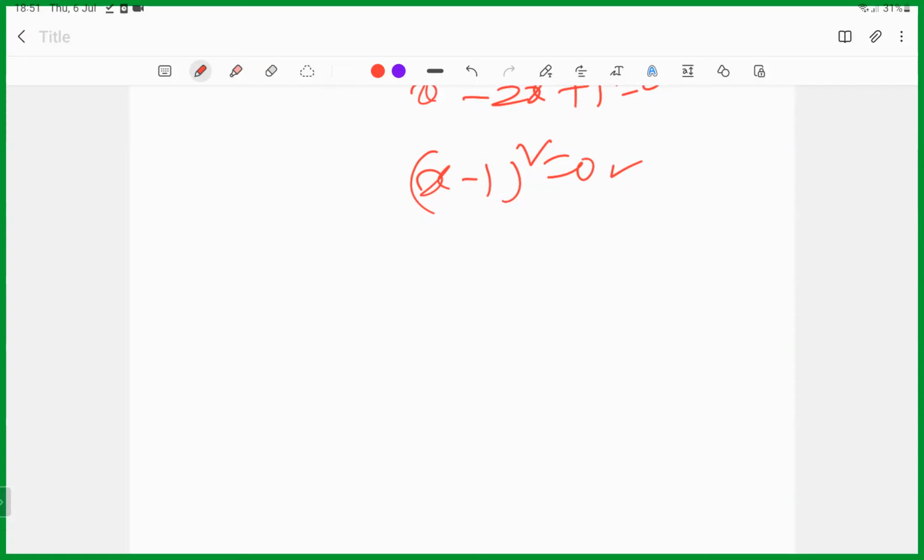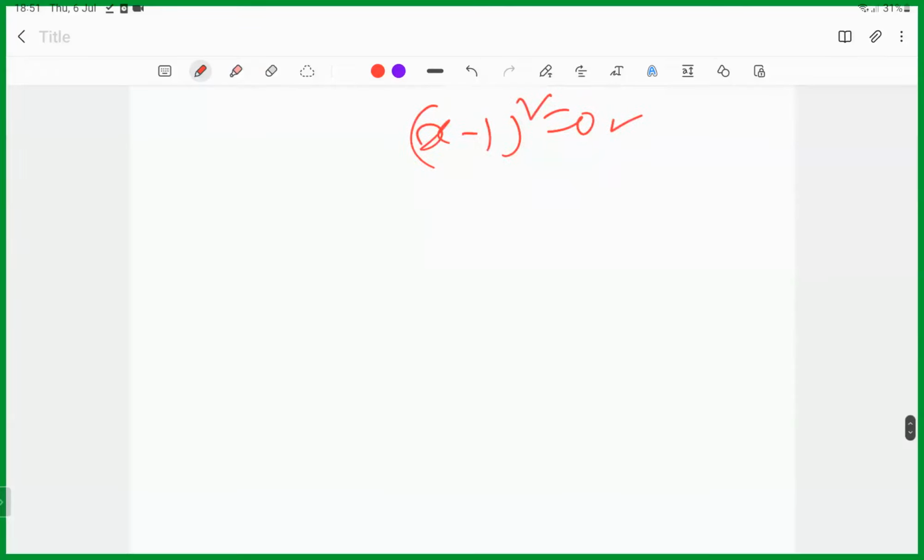So if one root of the equation is 2, then how to find the other root? From that one root, you need to find out the k value, right?